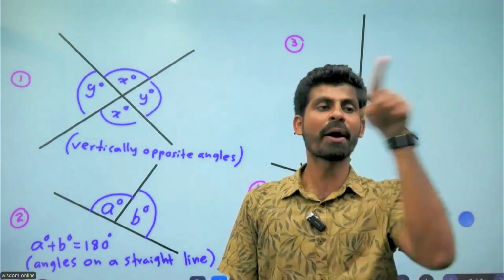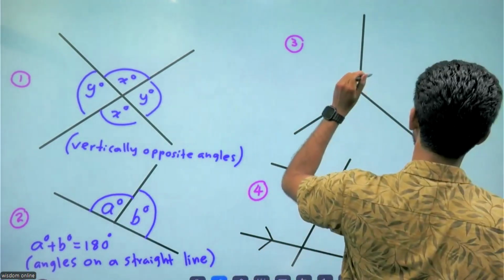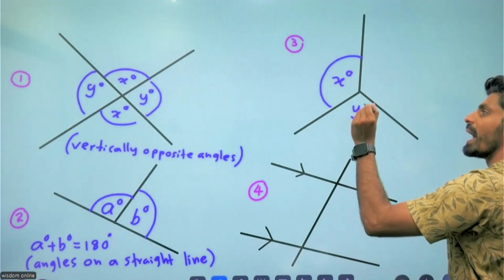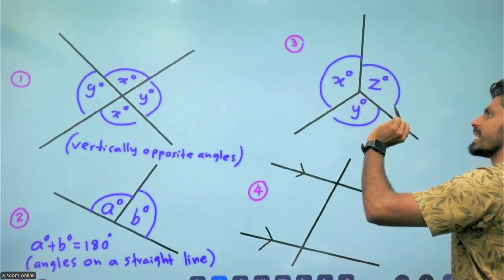Angles around the point. I'm taking X, Y, and Z. X plus Y plus Z equals how many degrees?